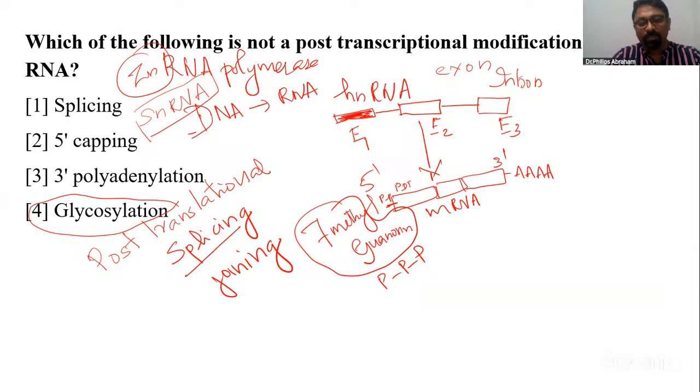So please note these terms: hnRNA, mRNA, splicing, snRNA, 5' cap. What is the 5' cap? How is it linked? Through triphosphate. We say 7-methyl guanosine triphosphate is attached. That's the 5' cap, and a number of adenines at the 3' end. That's about the RNA modifications.